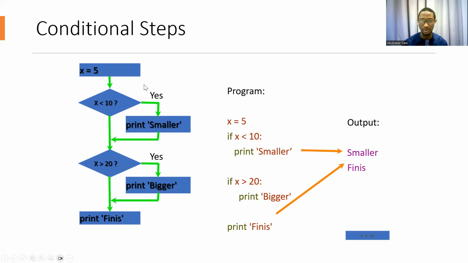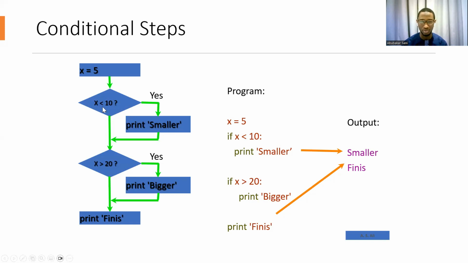So in if statement, we have what we call conditional steps. For example, let's say x equals 5, okay? And we would like to have a condition that if x is less than 10, we would like to do some activity. And here, what we want to do is to say if x is less than 10, we want to print smaller.